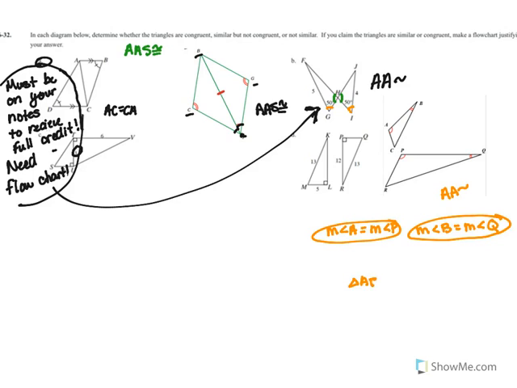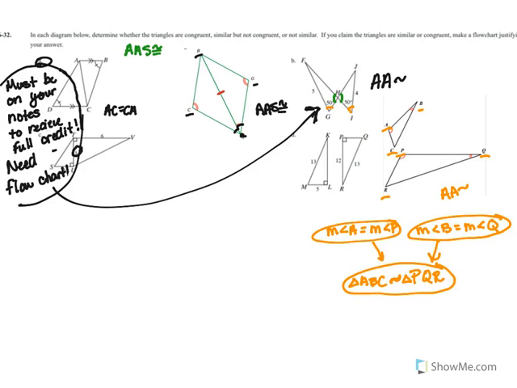So if I say triangle ABC is similar to triangle, if we put A first, P has to go next. If we put B next, Q has to go next. Then if we have C last, R has to be last.